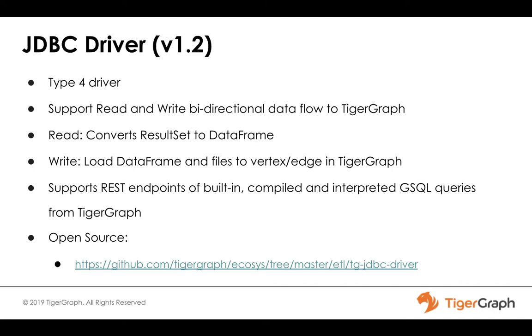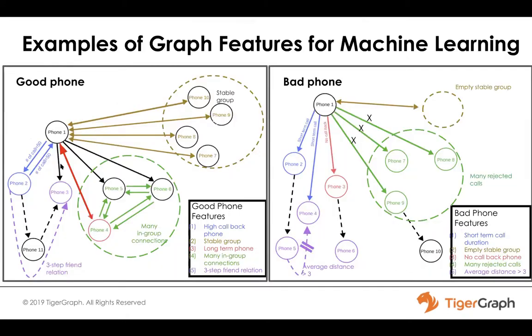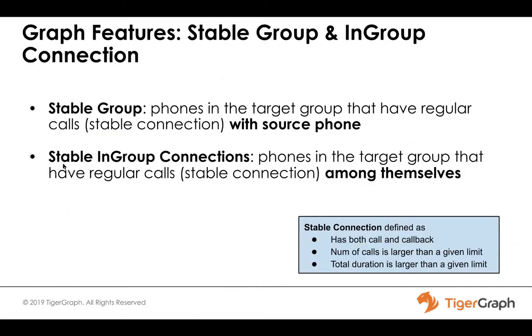Now I'm going to go to the demo, using TigerGraph's JDBC driver to do the graph feature extraction. Again, there are a few graph features that I introduced in this use case. In this demo, you will see we are extracting the stable group and also stable in-group connections for this small data set.